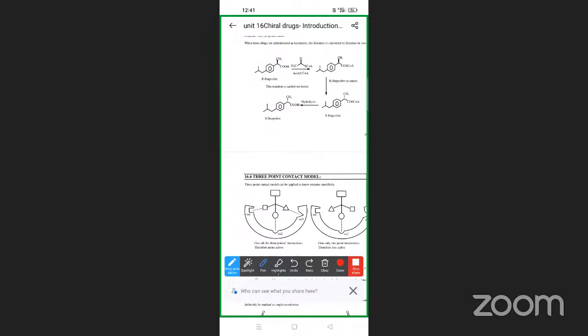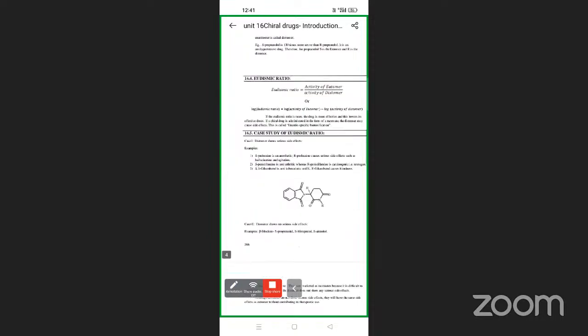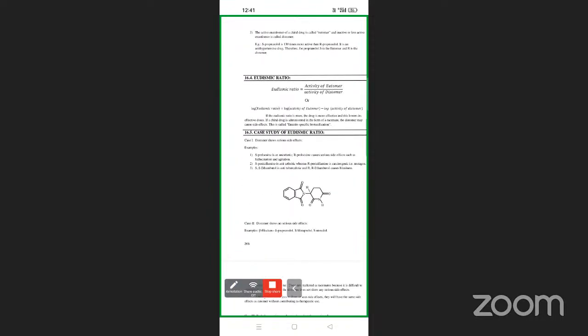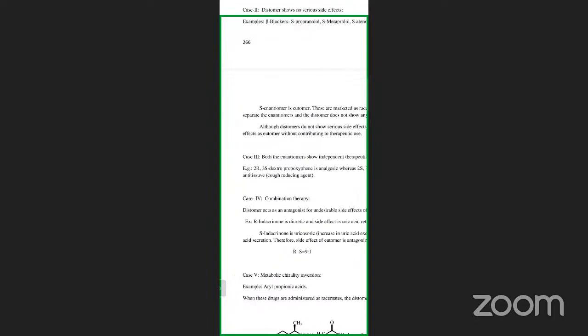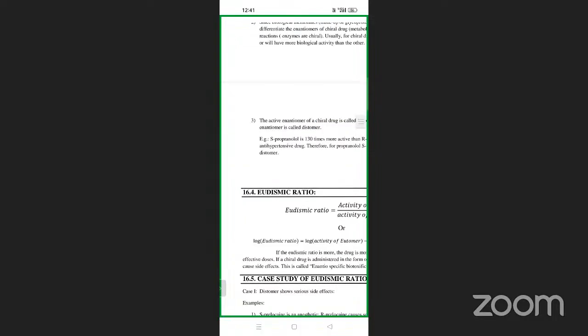Then the combination theory, where both enantiomers show independent biological activity and a combined effect. And metabolic chirality inversion. So these are very important questions which can be expected as a long question.